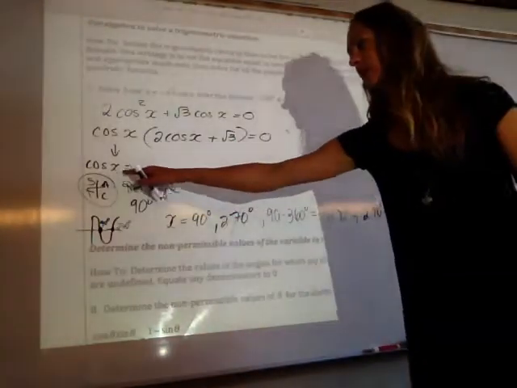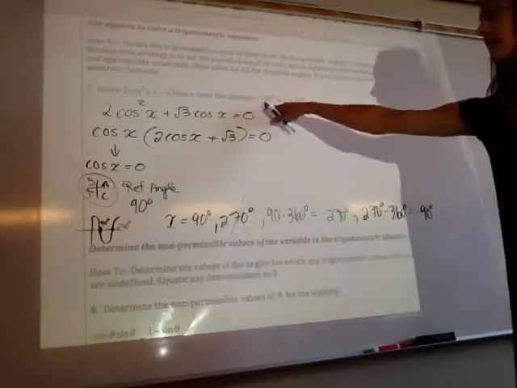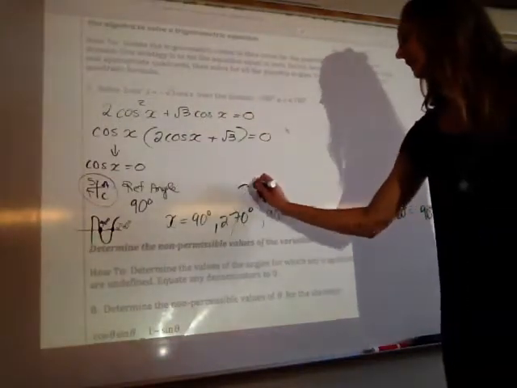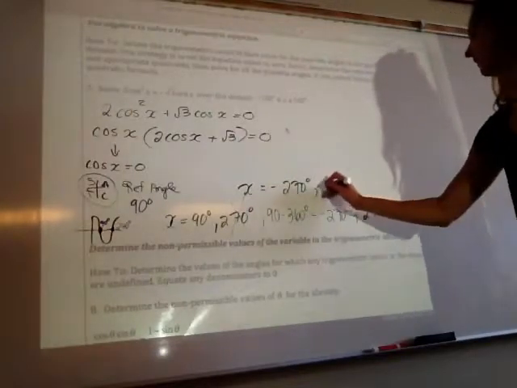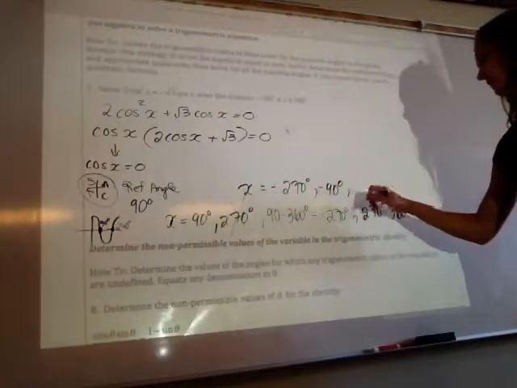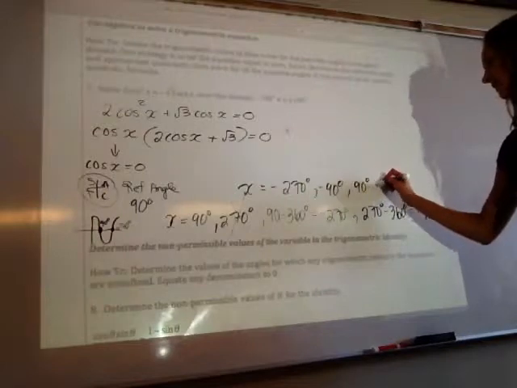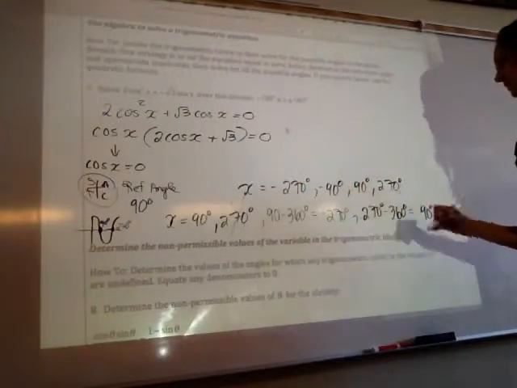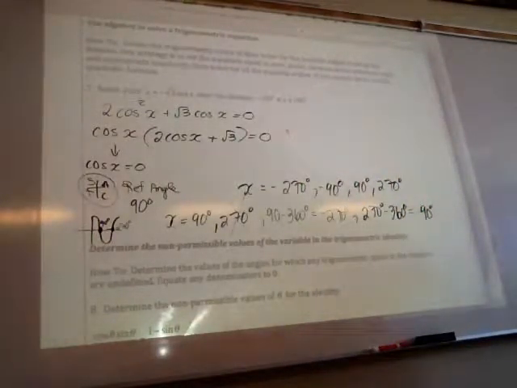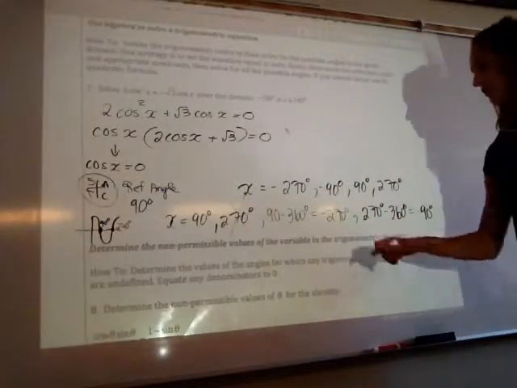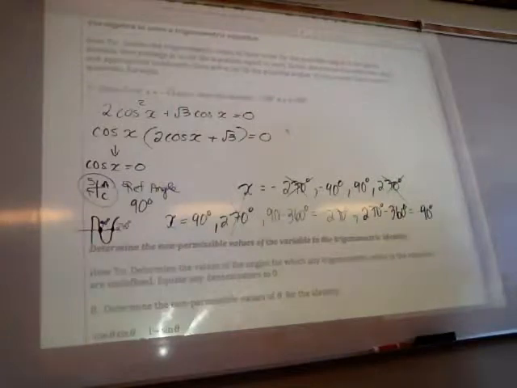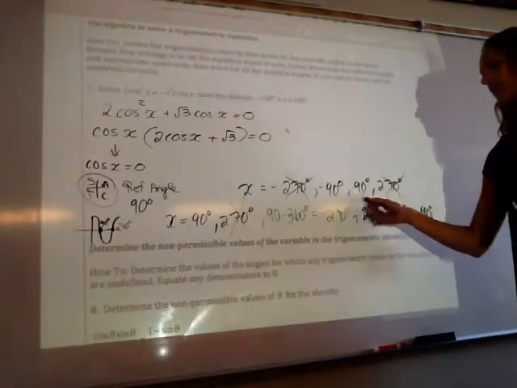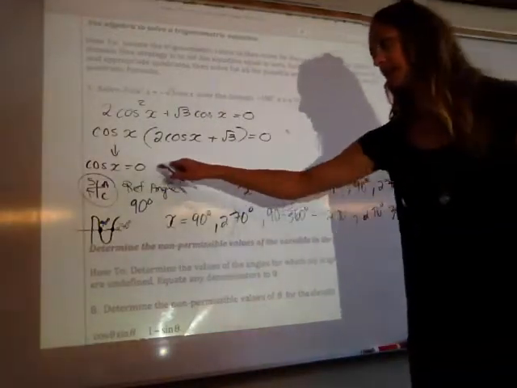So just from cosine x equals 0, between the domain of negative 180 to 180, my solutions are negative 270 degrees, negative 90 degrees, 90 degrees, and 270 degrees. But take a look again, which ones fit in the domain, which ones don't. Negative 270 and positive 270 do not fit within the domain. So my only solutions are positive and negative 90 from cosine x equals 0.